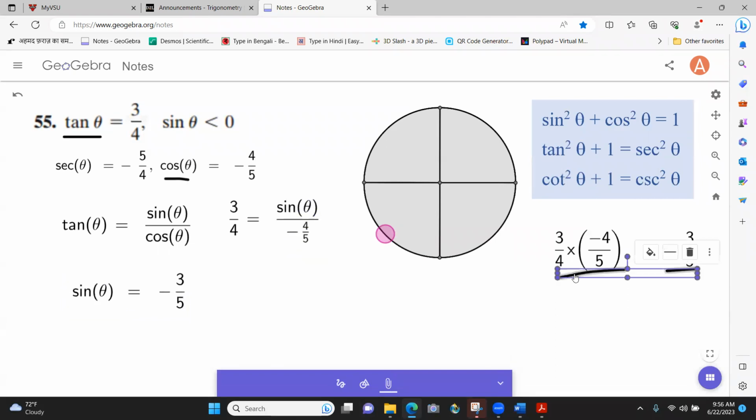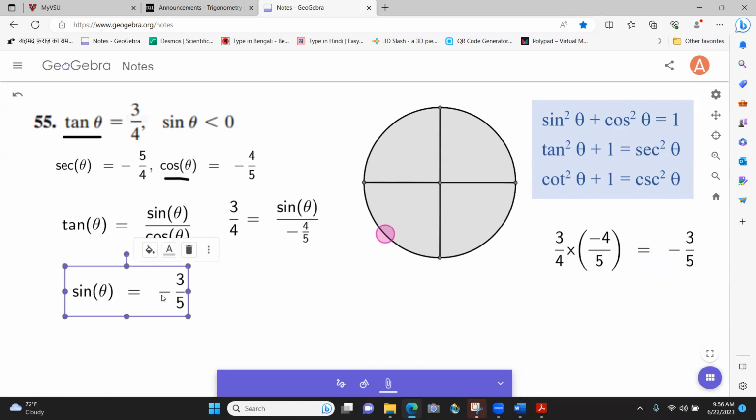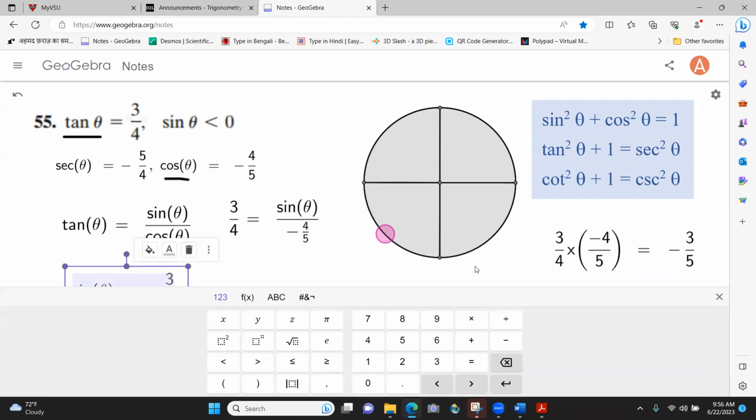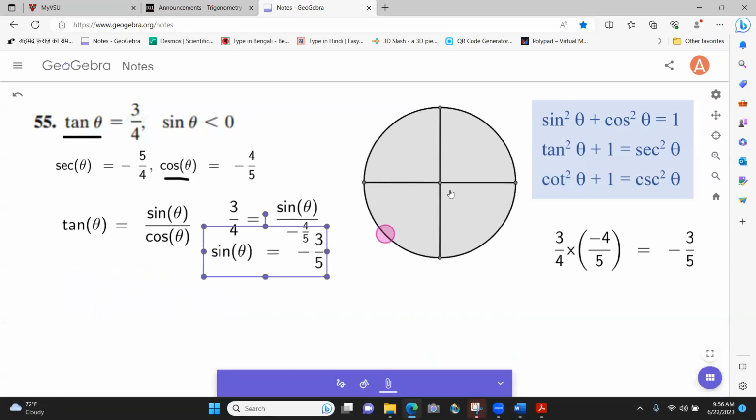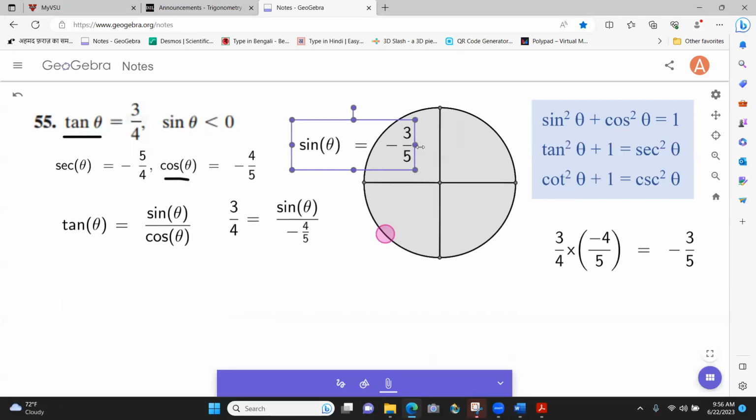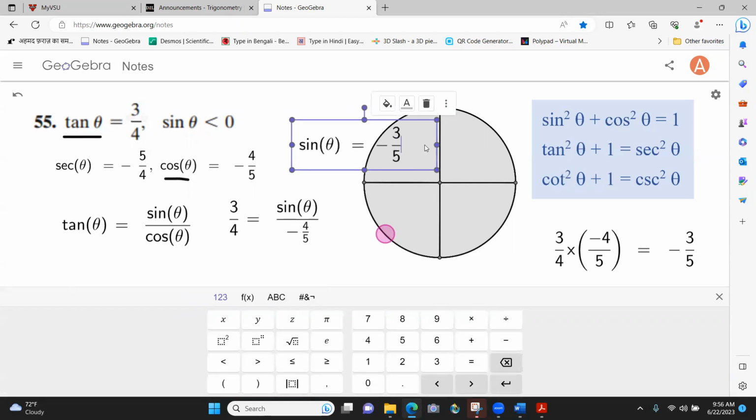I am gonna, if you don't mind, right now find, oh, let's do it here. I am gonna find cosecant right away. And that's gonna be the reciprocal of sine, and that's gonna be negative 5 over 3.